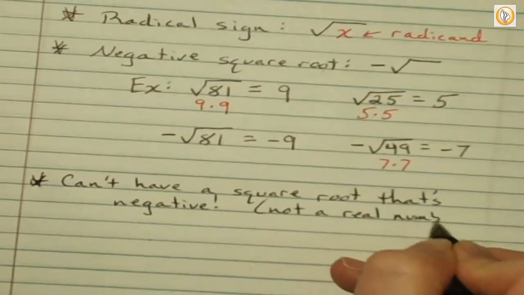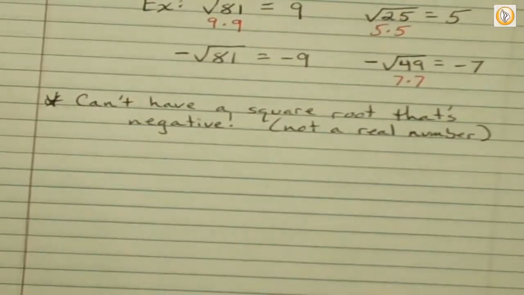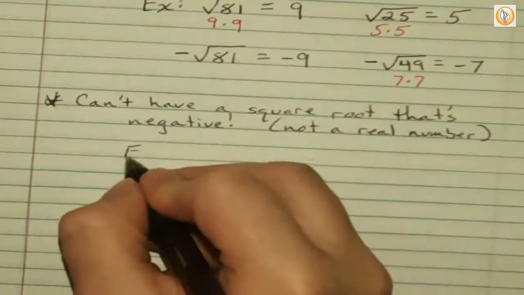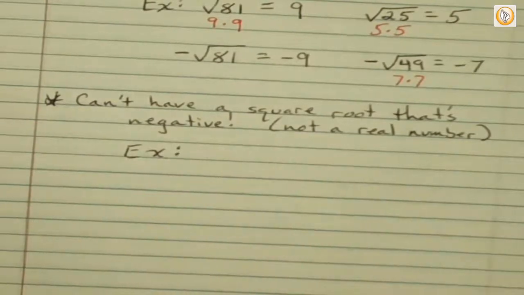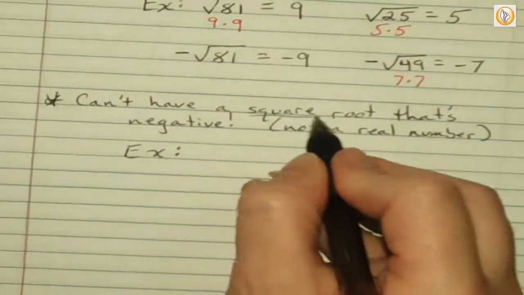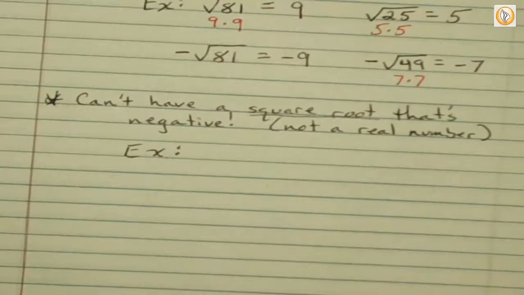Let me give you an example. Y'all copy that down. Can't have a square root that's negative. It is not a real number.